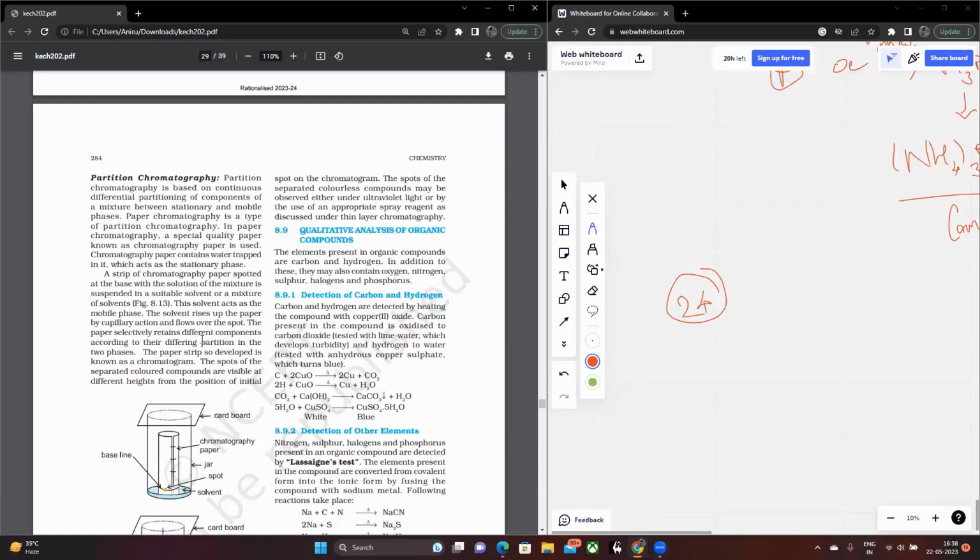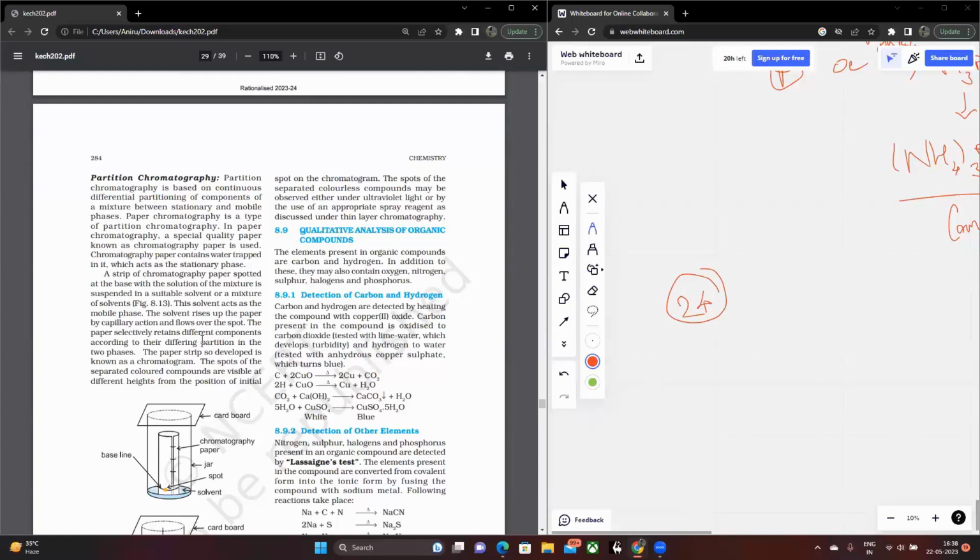It's a continuous process because as and when the solution moves up through capillary action, at each and every point, this partitioning is going to try to occur, right? If the affinity is more, then the component is going to start getting absorbed or adhered to the stationary phase there and it's going to remain.